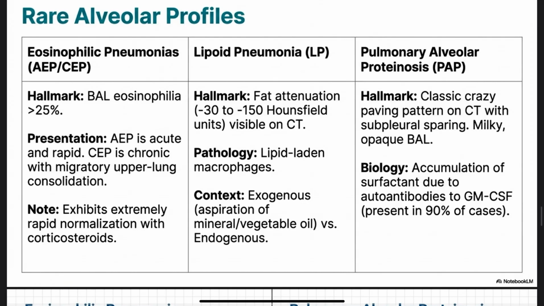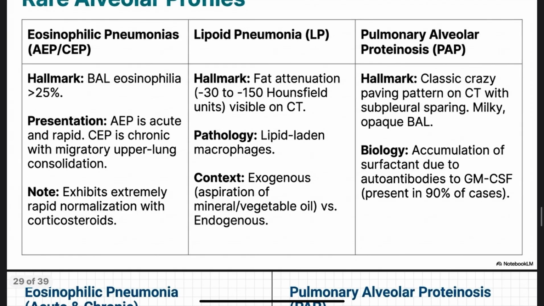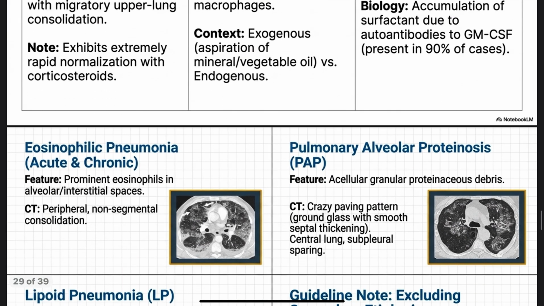And other rare ones: eosinophilic pneumonia we can easily diagnose with BAL eosinophilia, and it will resolve and normalize with steroids. Lipoid pneumonia has low attenuation, with minus 30 to minus 150 Hounsfield units. And pulmonary alveolar proteinosis, again the BAL will be milky, and it accumulates due to autoantibodies.